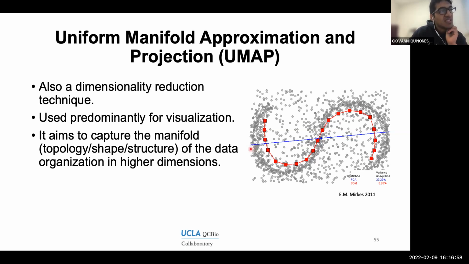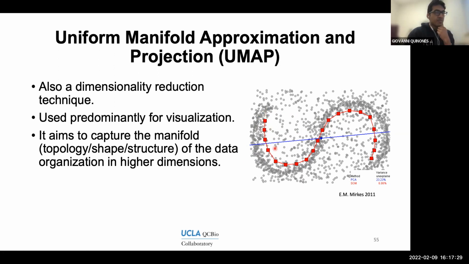But this line doesn't really do justice to the actual shape of your data, right? So UMAP will actually try to capture this pattern as close as possible. And it's also going to try to capture how cells are connected or are close to each other. So like I mentioned, if they were close together in high dimensional space, they remain close together in low dimensional space.